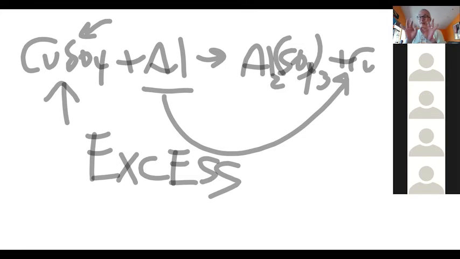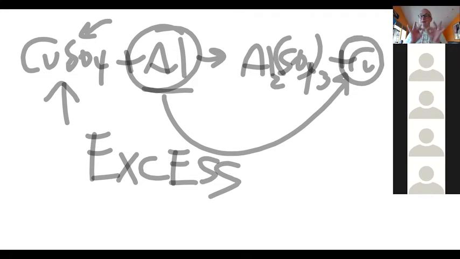You run out of the limiting reactant, and so we call it the limiting reactant because it limits the amount of product you're going to get. You can't get any more product than the limiting reactant allows you to. And that's what we're counting on here. We're counting on aluminum being the limiting reactant because all of it will be converted to copper, and so it will limit exactly how much copper we get.